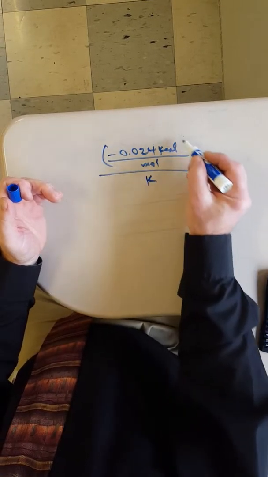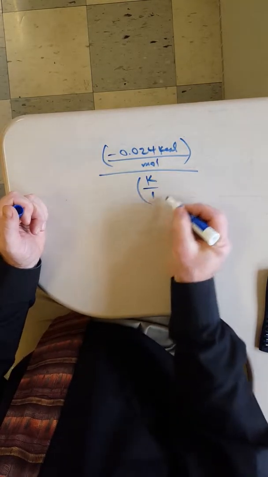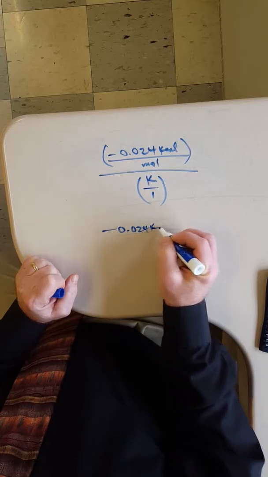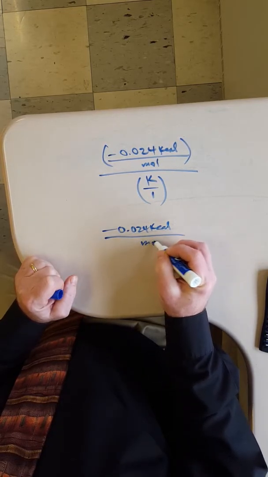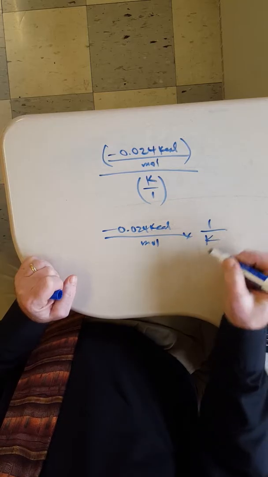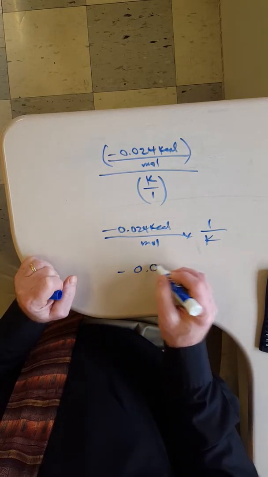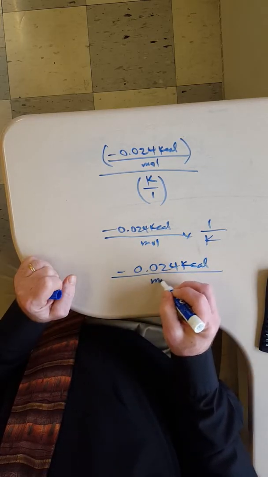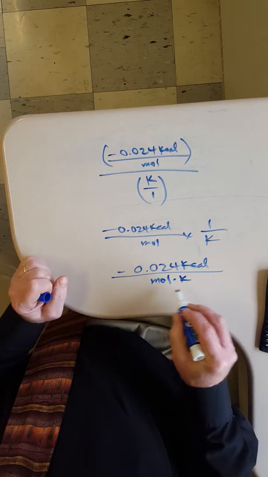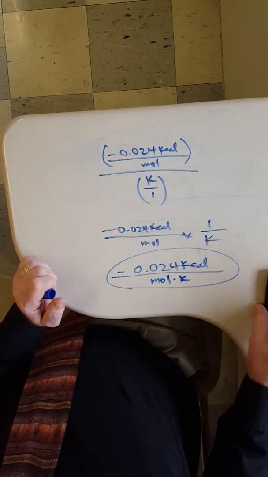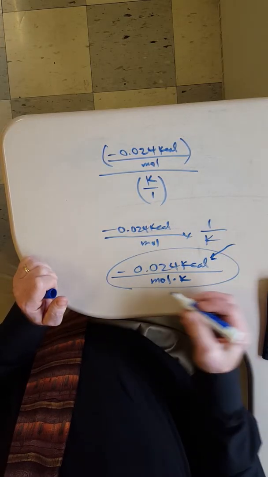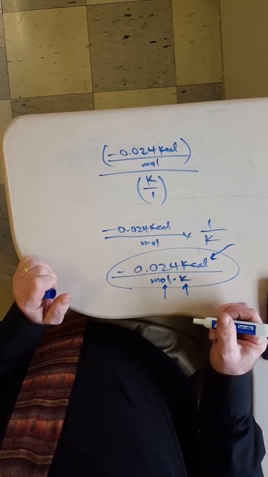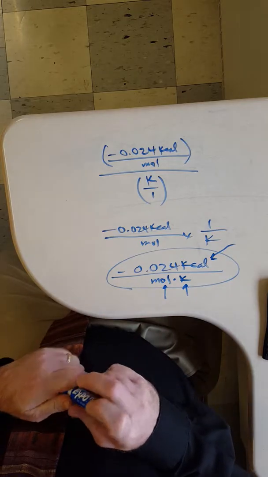What I have here is really a fraction in my numerator, and I could express my denominator as a fraction, which would be equivalent to negative 0.024 kcals per mole times 1 over Kelvin, which leads me to negative 0.024 kcals per mole times Kelvin. So your numerator has units of energy, denominator has units of quantity and temperature. All right, it's important that you pay attention to the units in these questions. That's where people tend to go wrong.